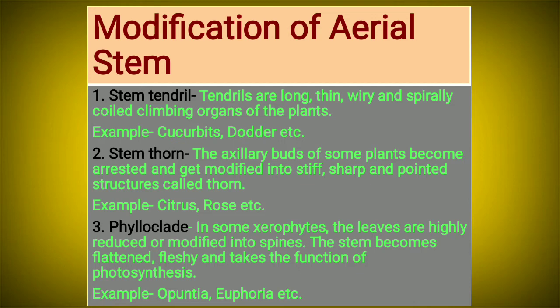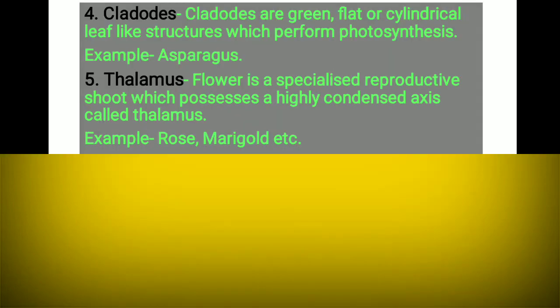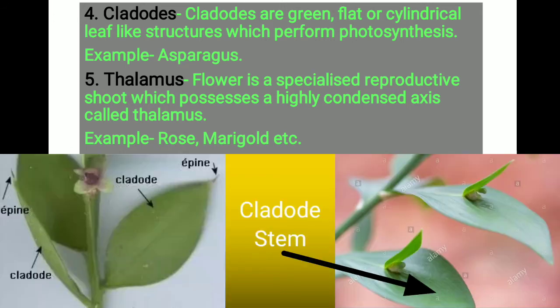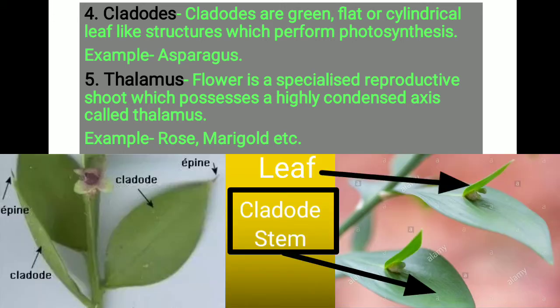The similar type of modification that is seen, which is very much similar to that of phylloclade, is called as the cladode. Now what is cladode? So these are modifications of stem and the branches of limited growth.